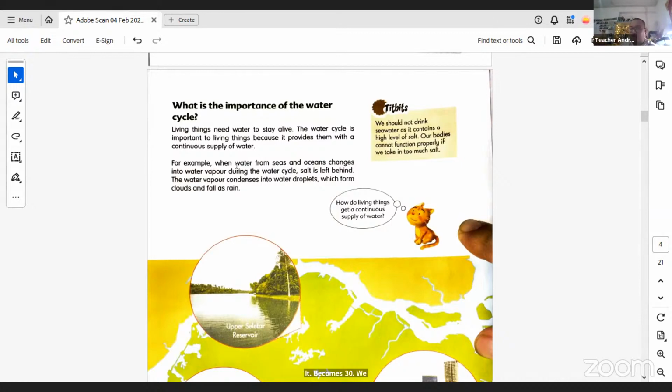We as humans, if we drink it, we might suffer health conditions because it's dirty. We may fall ill. To prevent this, we have the water cycle to allow us to have a continuous supply of fresh water through evaporation and condensation. That's why we have a continuous supply of clean water.